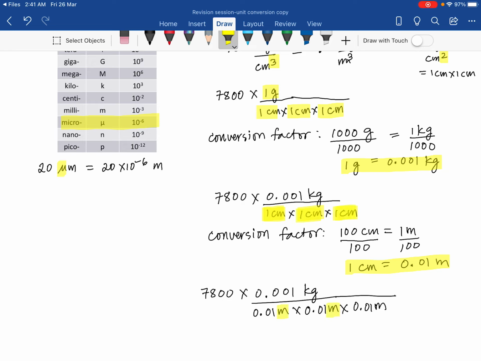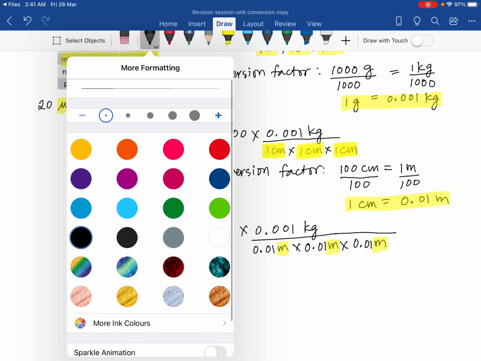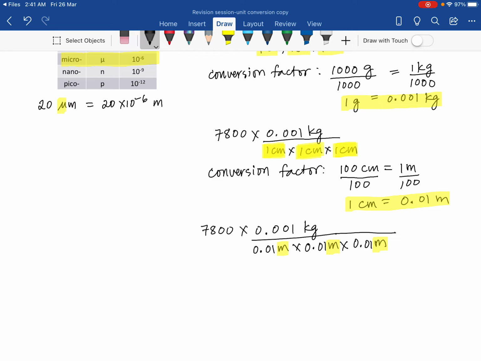So you have 3 units of meters there. So you go ahead and do that in the calculator and you should get 7,800,000 kilogram per cubic meter.